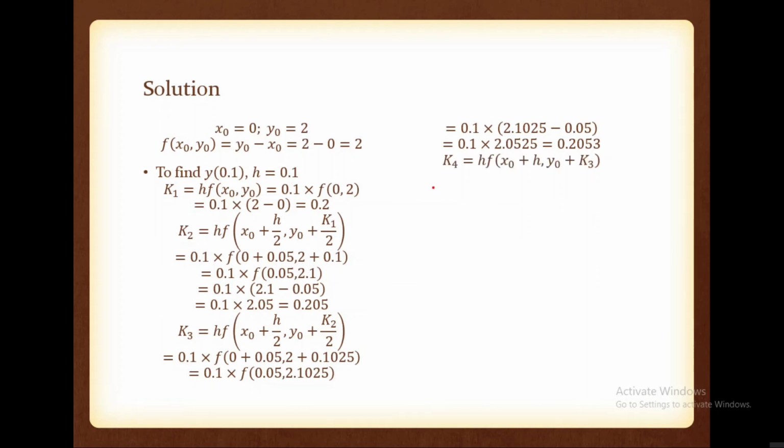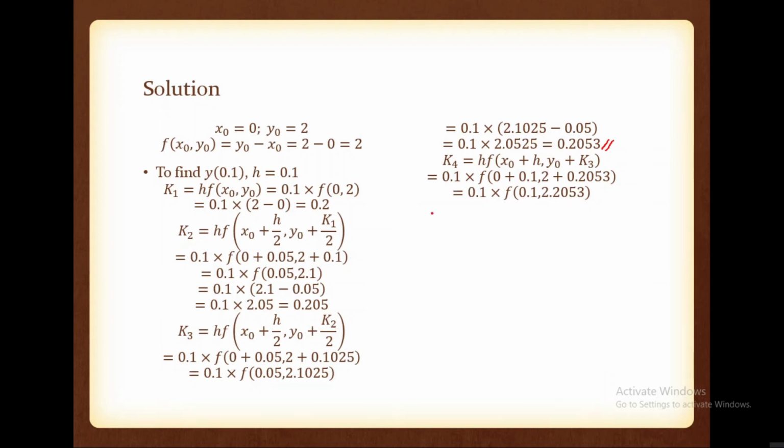k4 is equal to h into f of x0 plus h comma y0 plus k3. Here you must be very careful. It is not h by 2, simply h, and here it is k3, not k3 by 2. So that is equal to 0.1 into f of 0 plus 0.1, because it is h, so 0.1, comma 2 plus 0.2053, this value. Don't divide by 2 because it is k3, so 2 plus 0.2053.